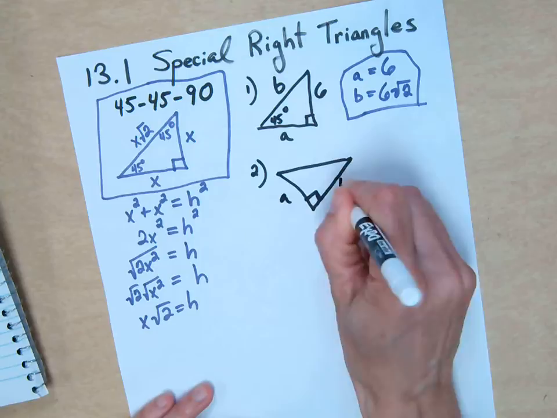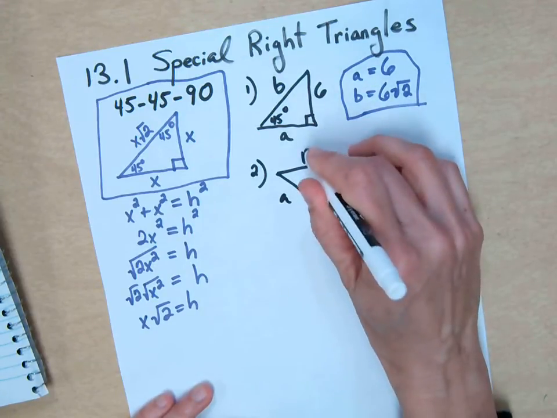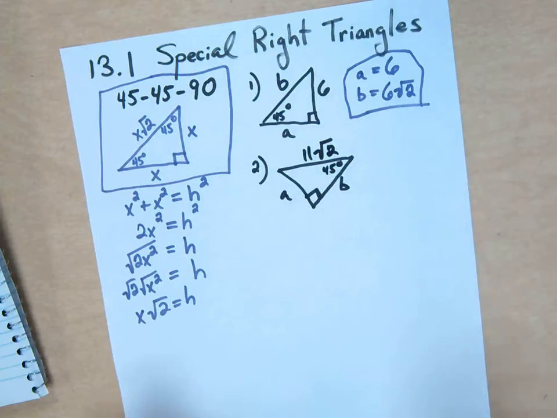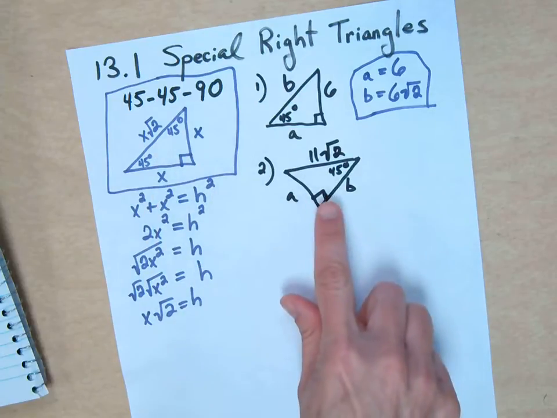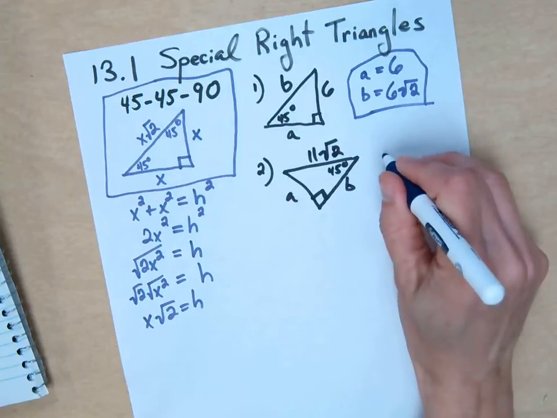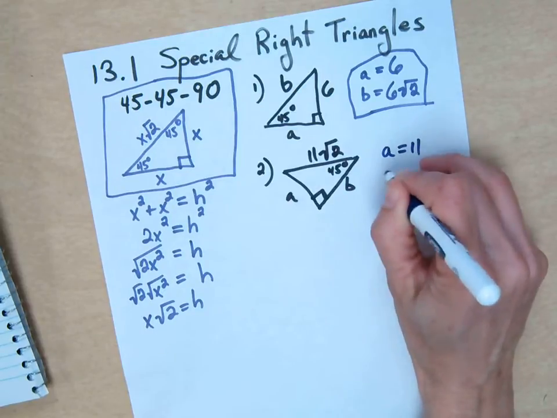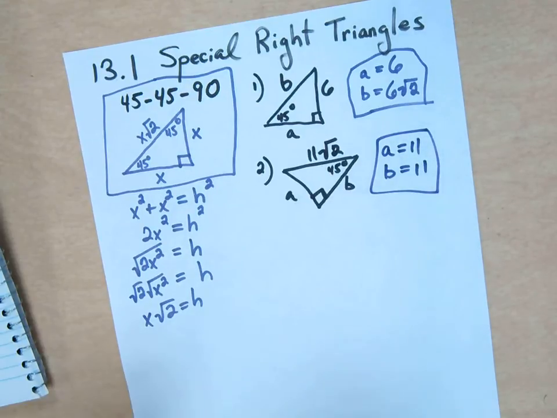So let's say this is A, B, this is 45 degrees here, and we're given this is 11 root 2. So what are A and B? Compare, right? Match it up. So what is it? 11 and 11, right? So in those examples, it makes our lives easy. There's no work to show.